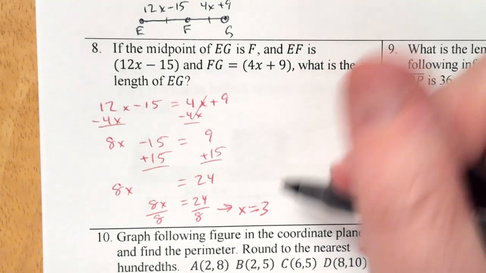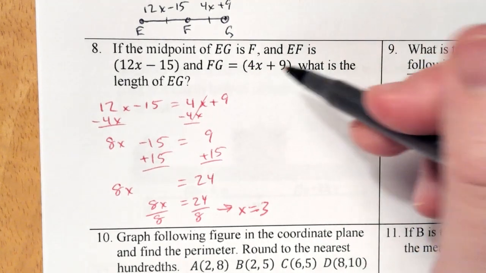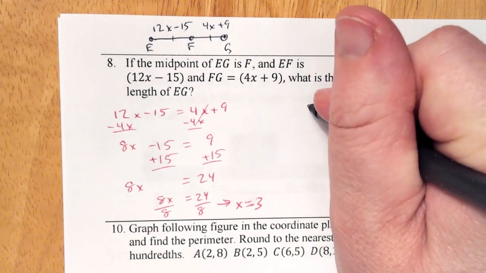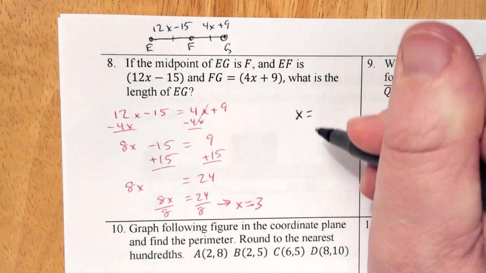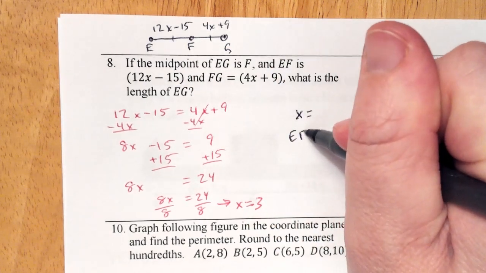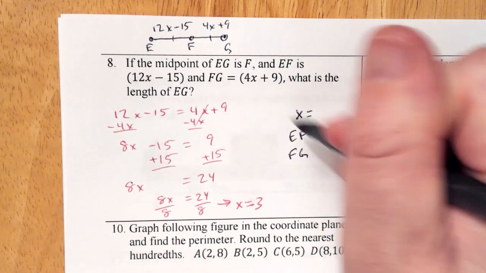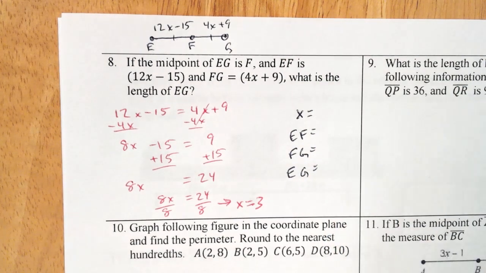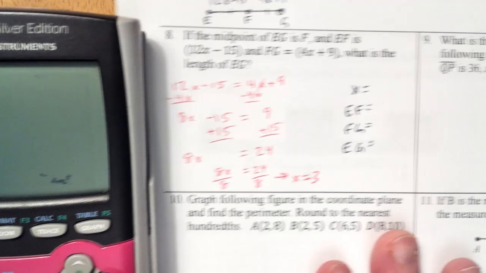All right, once you have x, you always plug it back in to see if this worked out. I want the left side, EF, the right side, FG, and the whole shebang, EG. I'm going to put this in my calculator.